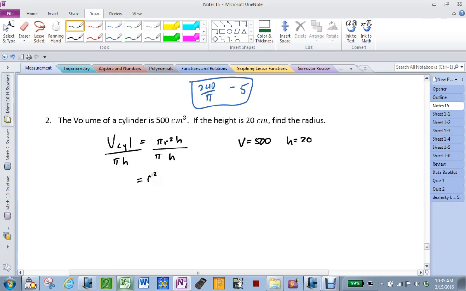How do I get rid of this r squared? Square root. So if I square root this side, I'm now going to be down to r, aren't I? What do I got to do to this side then? Square root. So this becomes the square root of the volume of the cylinder divided by pi h. Now, can I put the numbers over here? Yeah. Will I get the same answer? Yes. Of course I will.